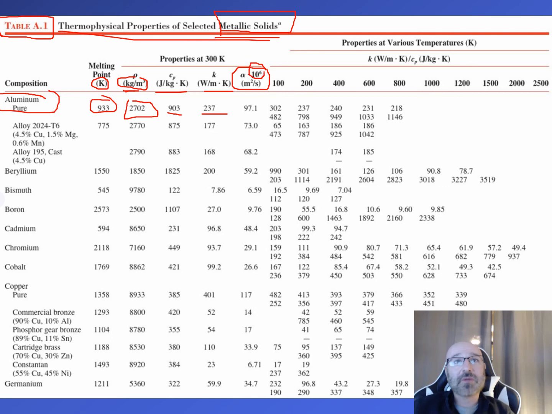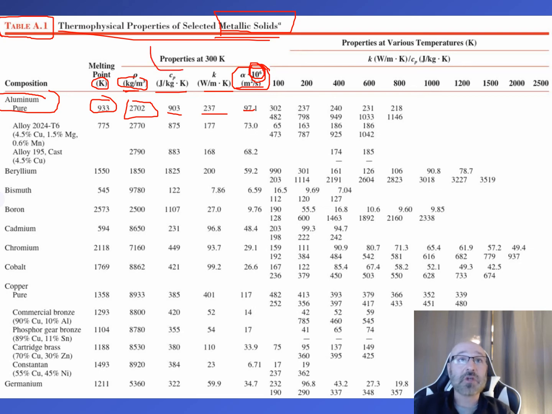So really look at the top of this table. Don't just look at the units, but this is this value times 10 to the 6. So make sure you take that into account when you plug it into your problem. That'll happen a couple times through the semester as we're solving some of these sample problems and homework problems. So really do pay attention to what the value is, the units, and if there are any other things associated with those values within these tables that you're going to plug in.